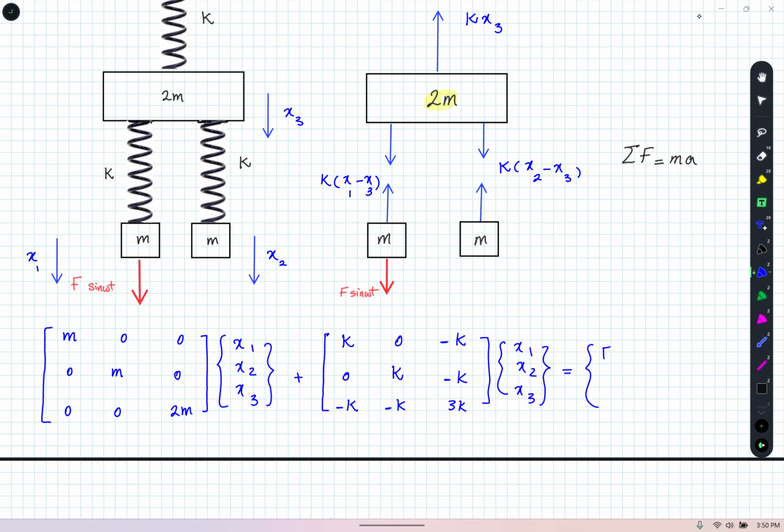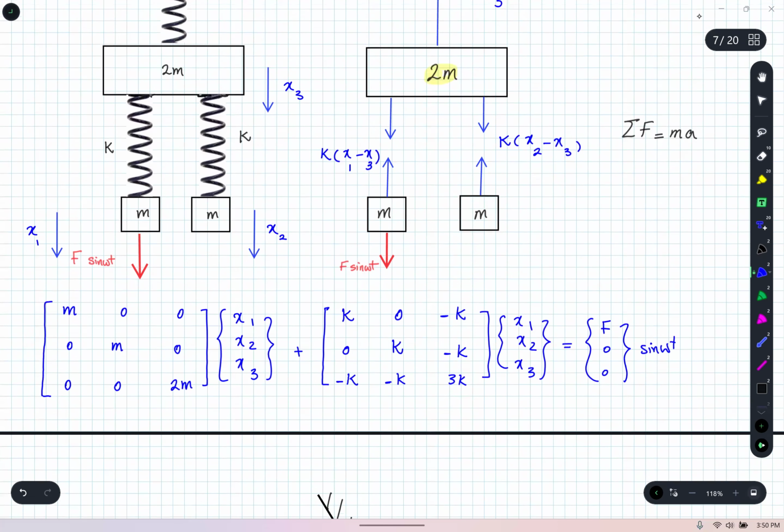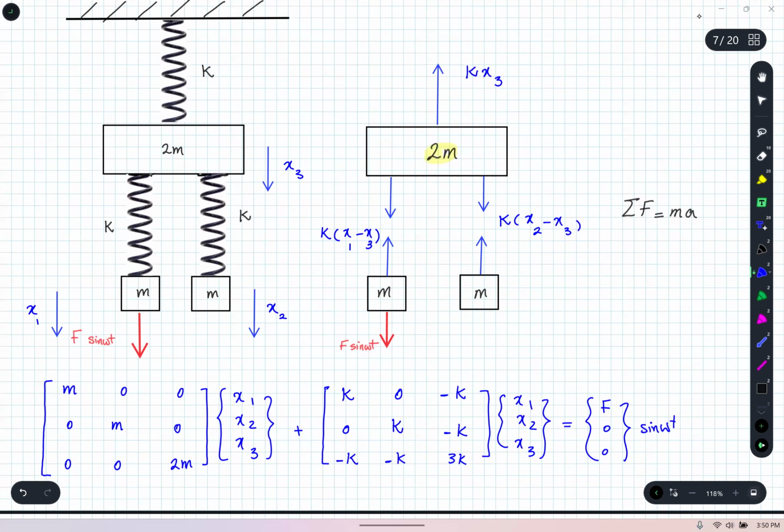And here I have F, nothing, and then nothing there, sine omega t. So as we expected, our matrices are 3 by 3 because we have a 3 degrees of freedom system, all right?